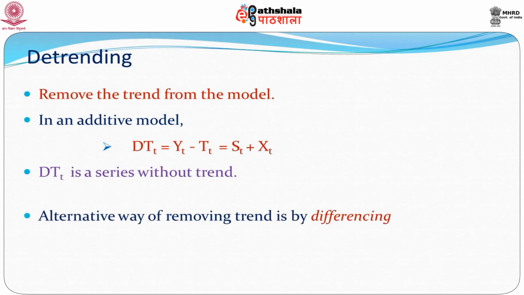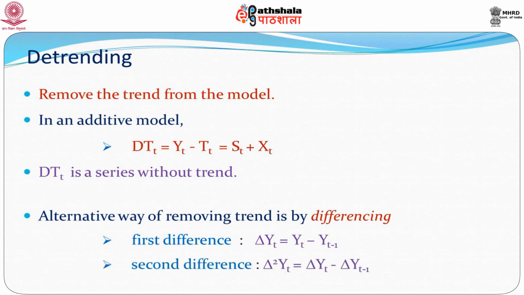An alternative way of removing trend is by differencing. If you have a series y_t, then y_t minus y_{t-1} is the first difference. You can take a second difference, which is the first difference of the first differences, and this way you can also remove trend. You can try this out: use the linear trend, take the difference y_t minus y_{t-1}, and you will see that the trend factor is taken out.